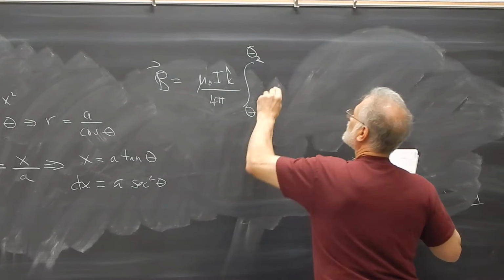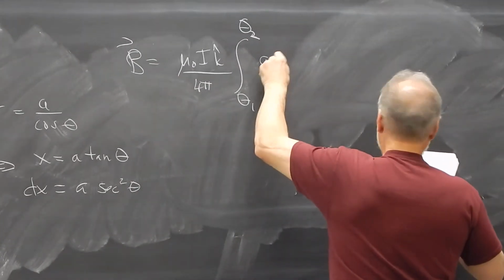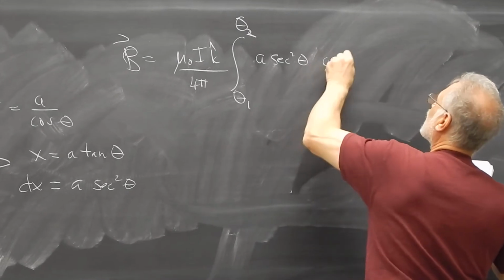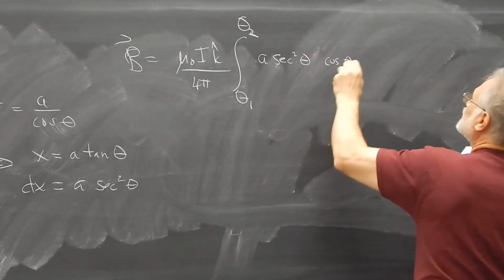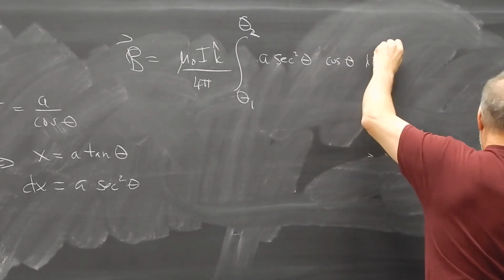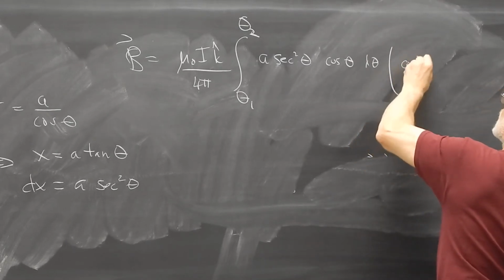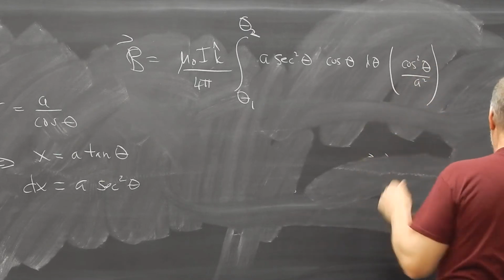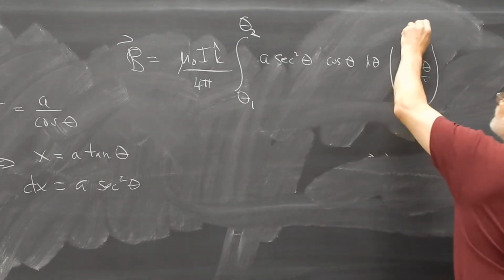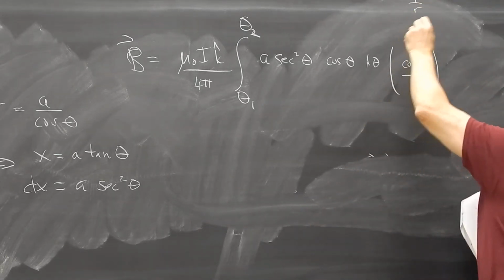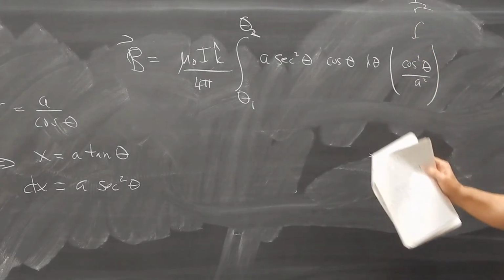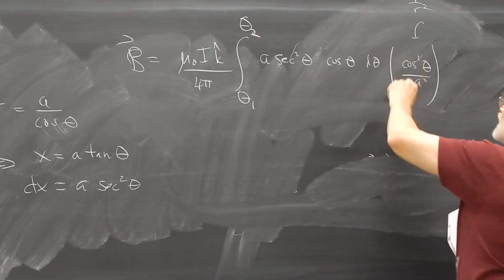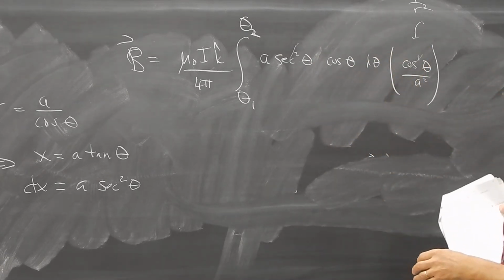And then if I put this all in, I get a secant squared theta times cosine theta times d theta times cosine squared theta over a squared. This accounts for my 1 over r squared. So I put all this together, and lo and behold, I have secant squared times cosine squared multiplied together. That's going to give me 1.